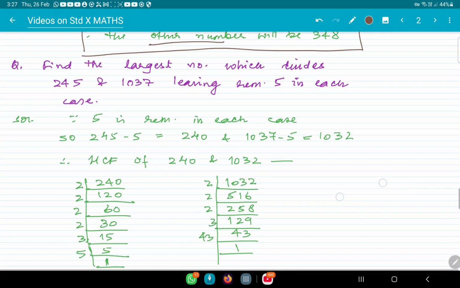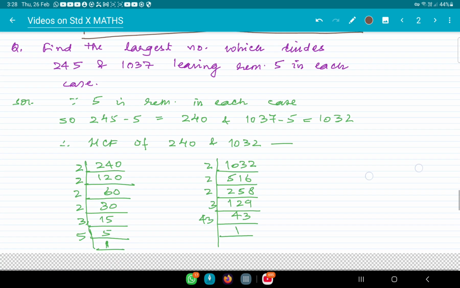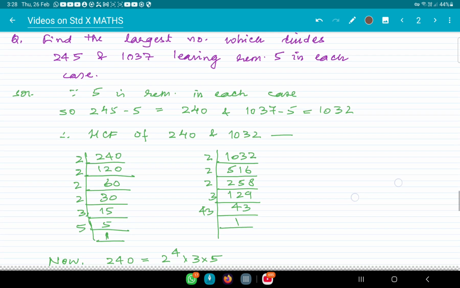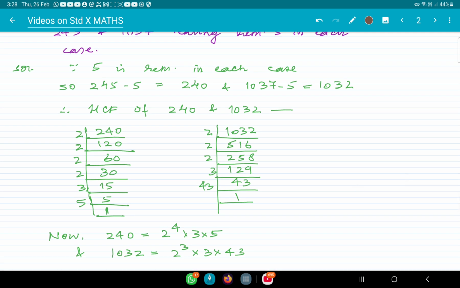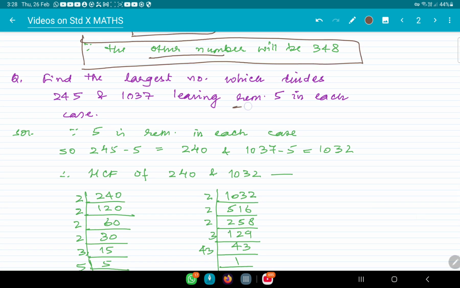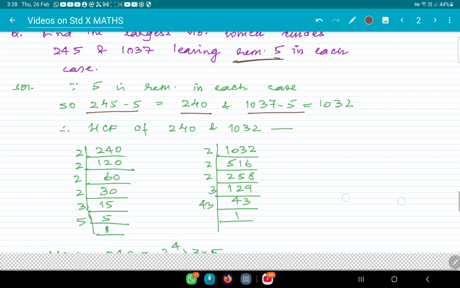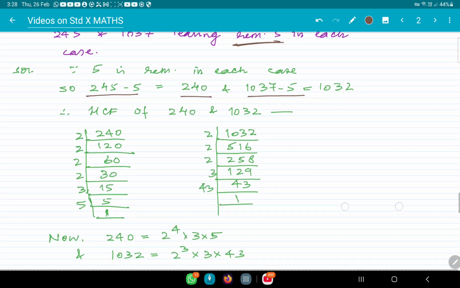Next question is: find the largest number which divides 245 and 1037 leaving remainder 5 in each case. Since your question says remainder 5 in each case, just subtract 5 from the given numbers. So 245 minus 5 is 240 and 1037 minus 5 is 1032.